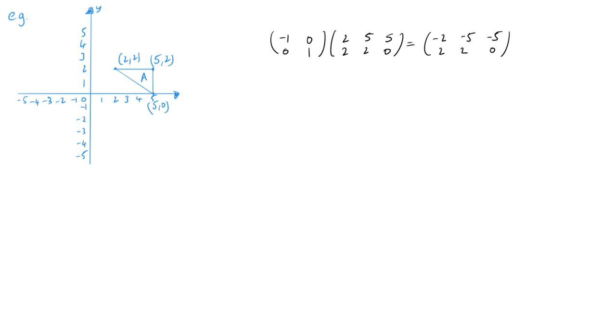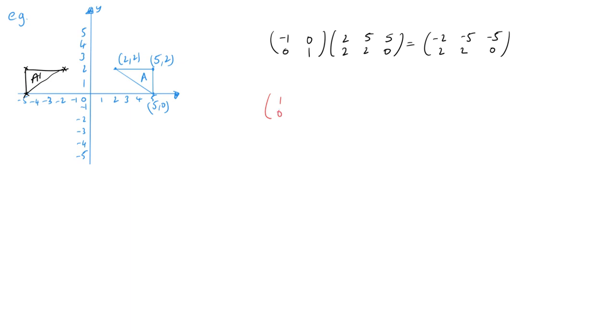So minus 2, 2 here, minus 5, 2, minus 5, 0, there, and there. So there is my image of A. So a reflection in the y-axis, the line x equals 0 there.